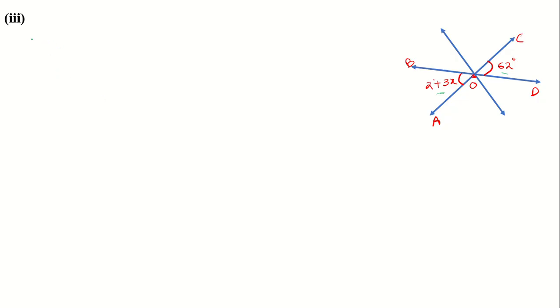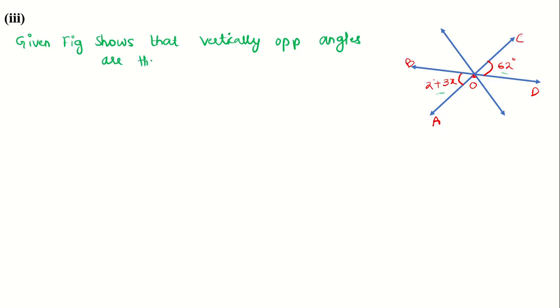Now, given figure, first write down, given figure shows that vertically opposite angles are there. Okay. So, these are the intersecting lines.